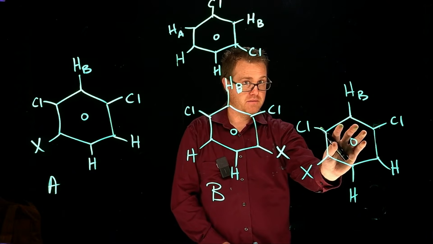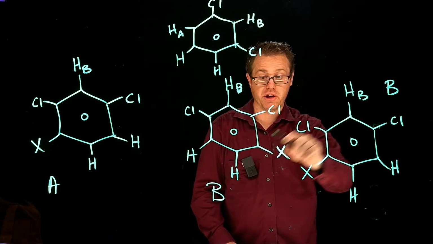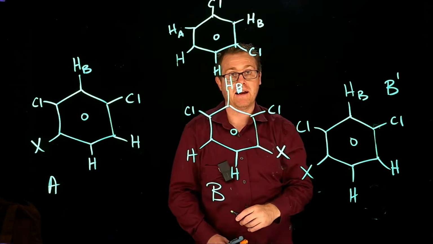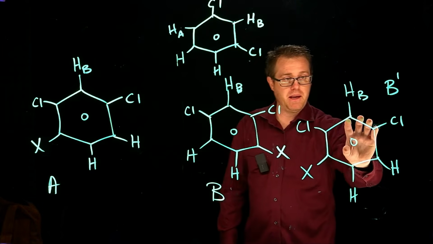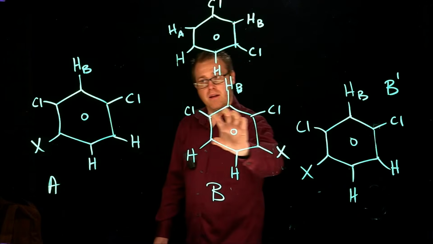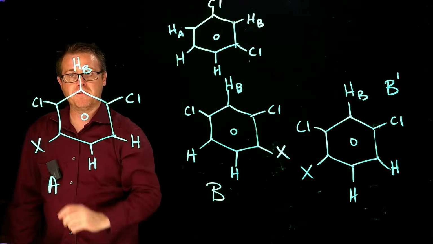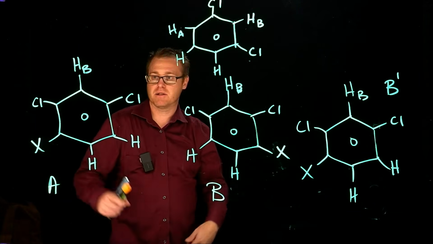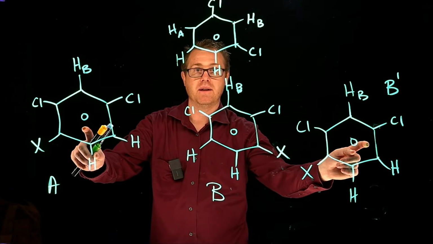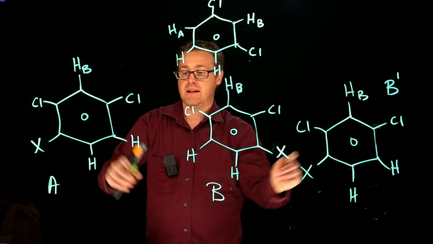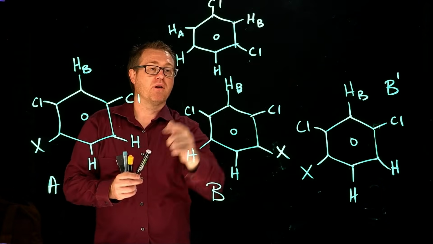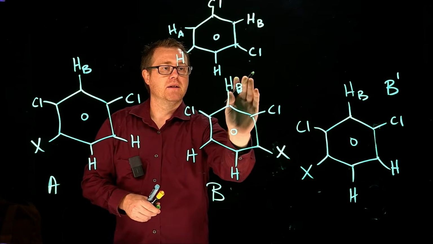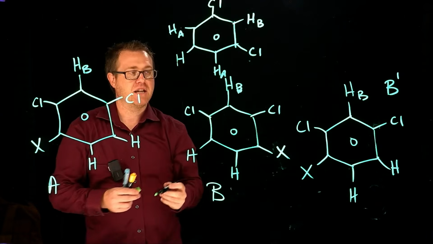And this version is still molecule B, it's just rotated 180 degrees, so I call it B prime. Now can I take B prime, pick it up, and smack it right on top of A? Yes, I can. So what's the relationship between those two? They're identical. And since they're identical, that makes this proton and that proton homotopic. So HA and HA.